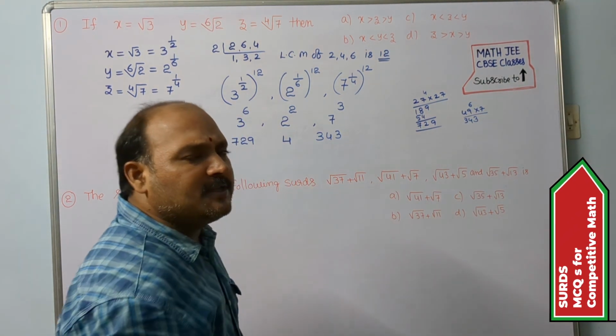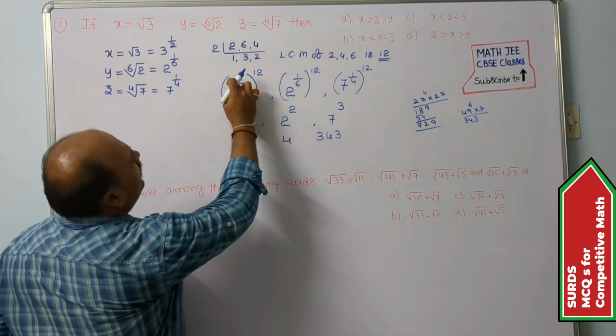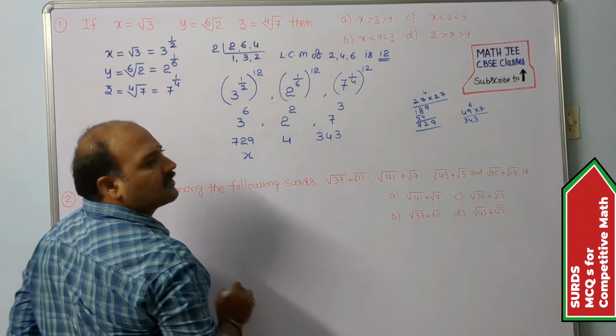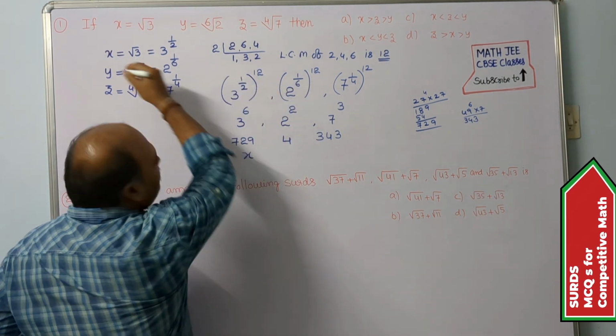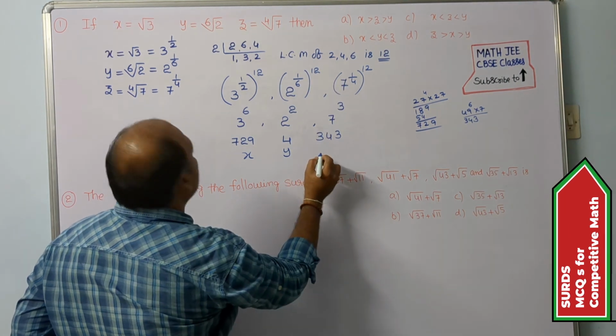So we can arrange them in order. By observing, 729 is related to 3 power 1 by 2, which is x. 2 power 1 by 6 is related to y. 343 is related to 7 power 1 by 4, which is z.